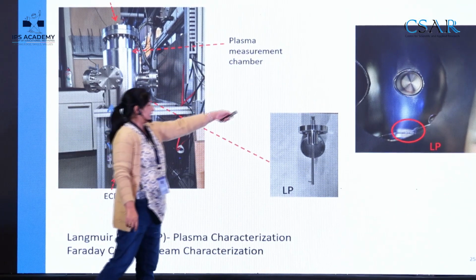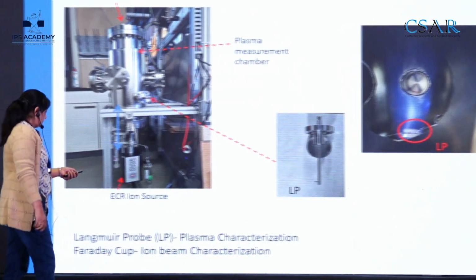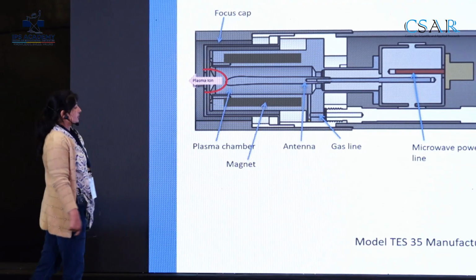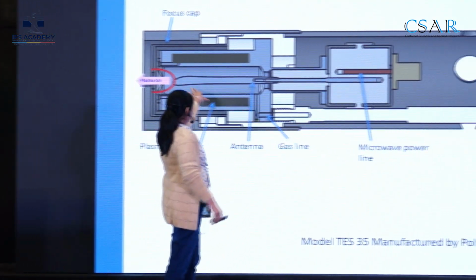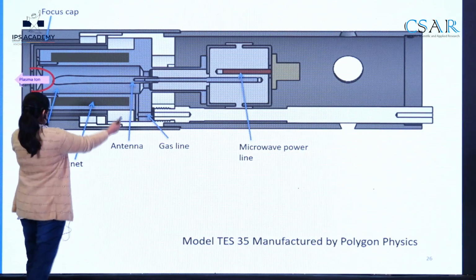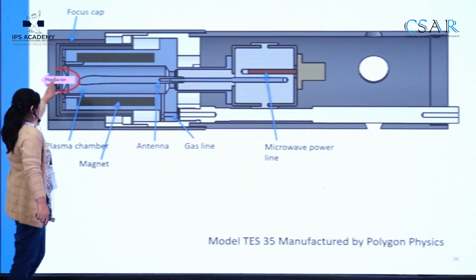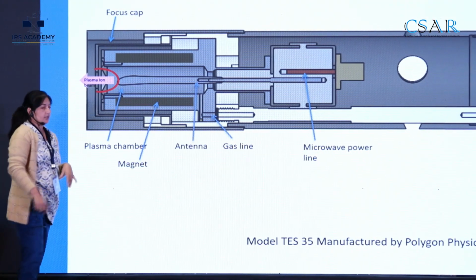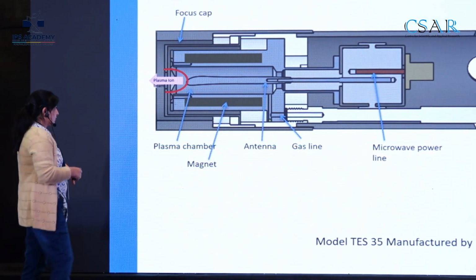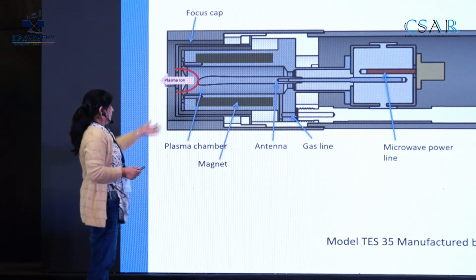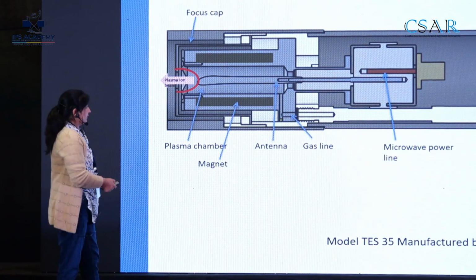Here I have shown a screenshot of the plasma system. This is the ECR ion source cross section. This is an antenna-fed source, and this region from the antenna to the focus cup is just 45 mm. So this is a very small, miniature kind of source which is able to provide good ion energies.